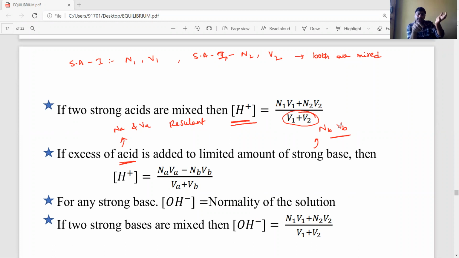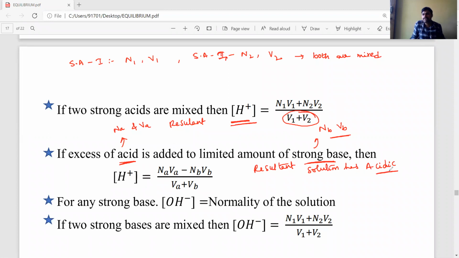Since acidic strength is more than basic strength, the solution reacts, but the resultant solution has acidic nature only. If both strengths are equal, it becomes neutralized. But if excess of acid is added to a limited amount of strong base, the resultant solution has acidic nature.